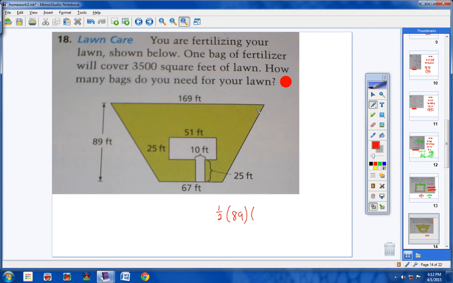So one base is 169 and the other base is 67. So we add those two together and we get 236. Alright, so now we're going to take 1/2 times 89 times 236, and we're going to get 10,502. So put that over here.